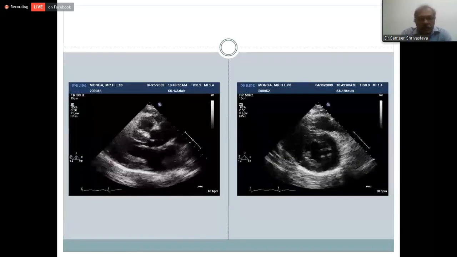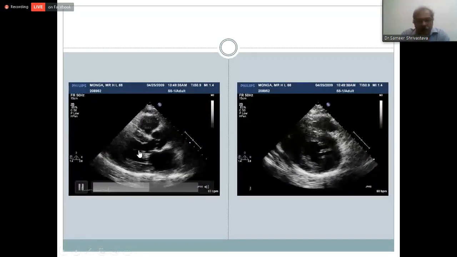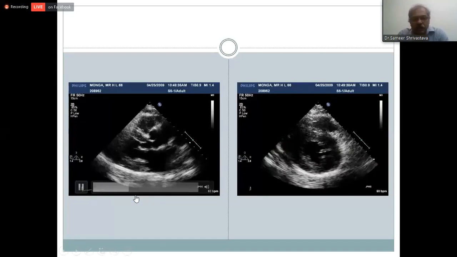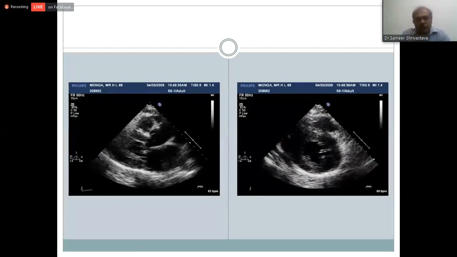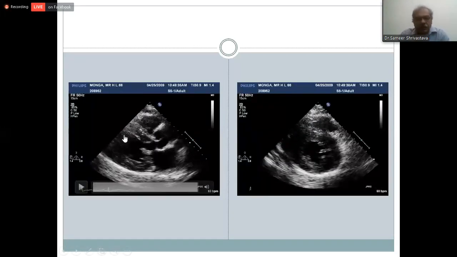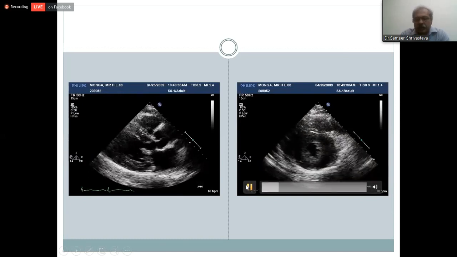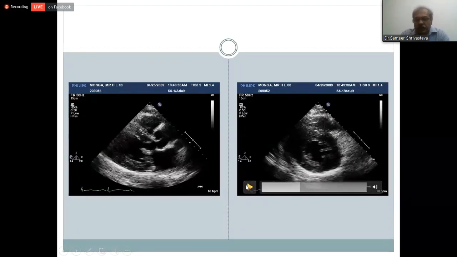Now, this is a place where on the left, if you closely look at the tip of the mitral, you'll find that in systole there is a systolic anterior motion. This goes towards the septum. And here, when you see the short axis, you'll find there is classical hypertrophy, which is quite concentric in nature rather than asymmetrical septal hypertrophy.